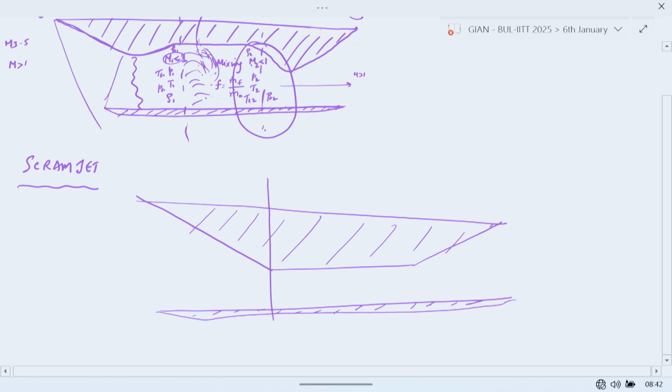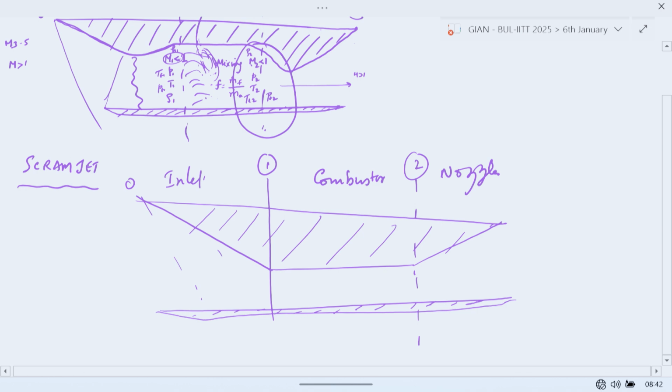Again, you see this is the inlet part of it. Again, there will be shock waves here. This is 0, this is 1, this is the combustor, and this is the nozzle. The same process happens here.